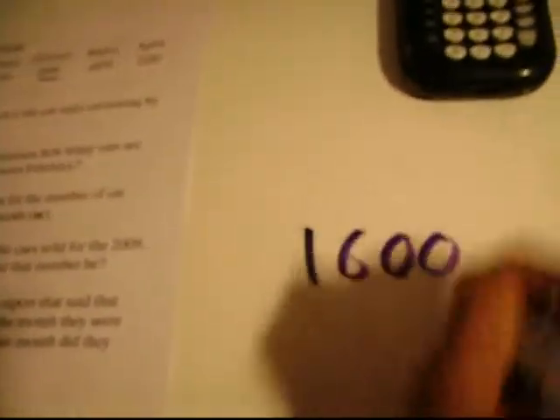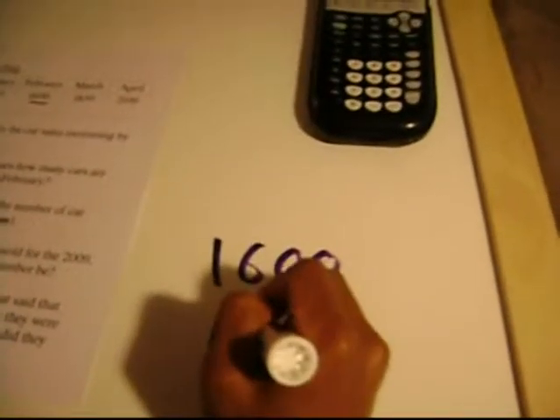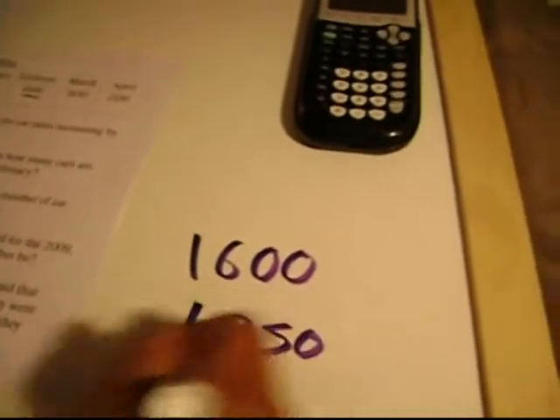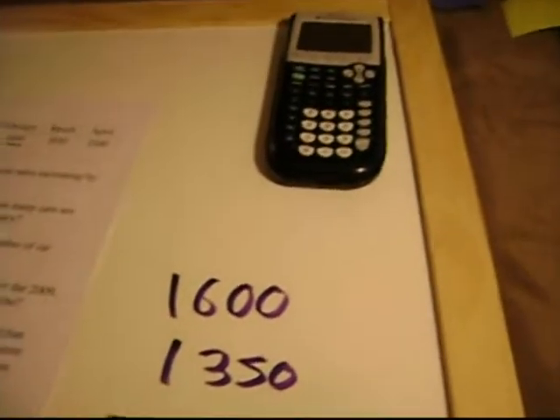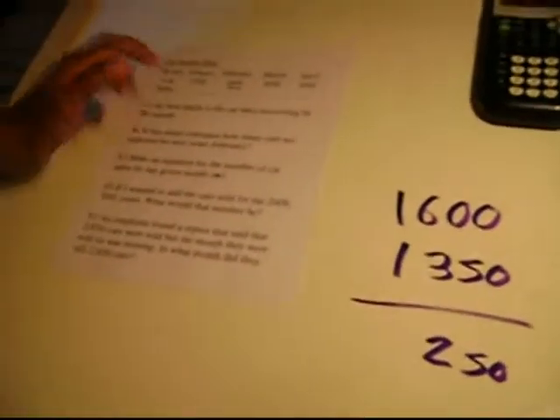To find this, you would pick any random month and subtract the month before it. So here you would get 1,600 cars that were sold in February, and you would subtract 1,350 that were sold in January, and your answer would be 250. To prove this, you would have to do it more than once.